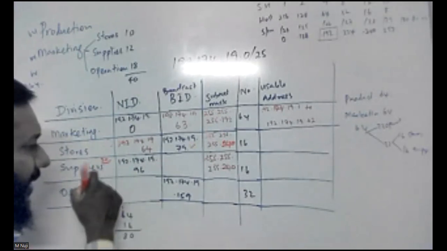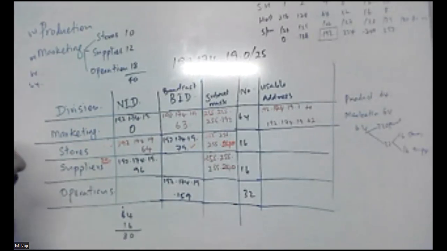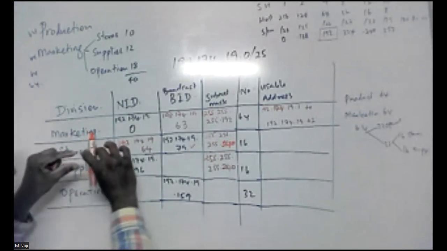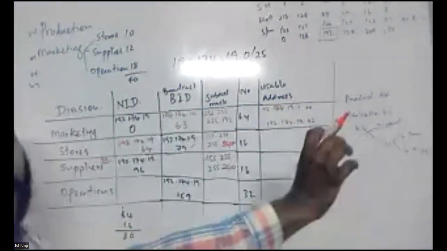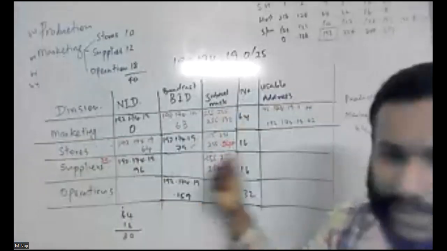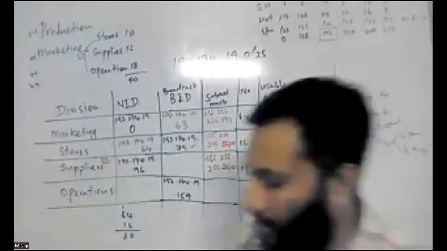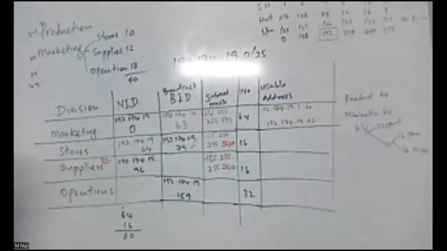Only problem is, look at this carefully: in between the stores and the supplier, there are empty blank slots. They did not use them here. This is the main place.